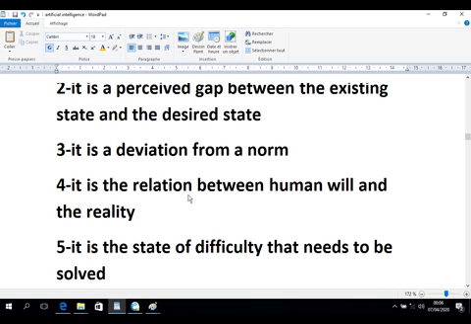What needs to be done? Okay, question 2. What is the reality? Because in the definition of the problem, we are saying that it is the relation between human will and reality.